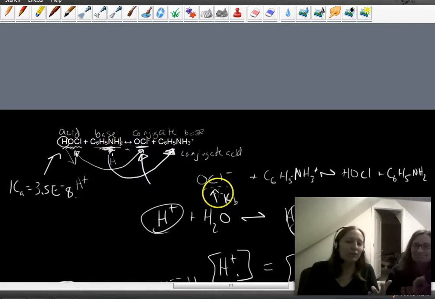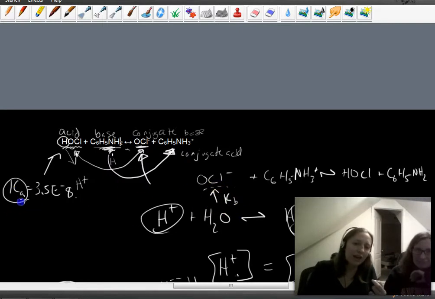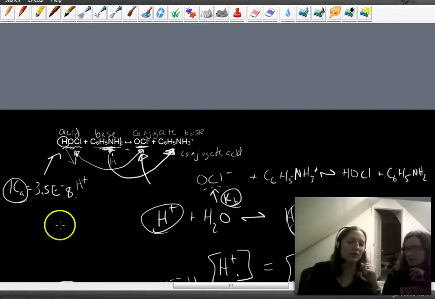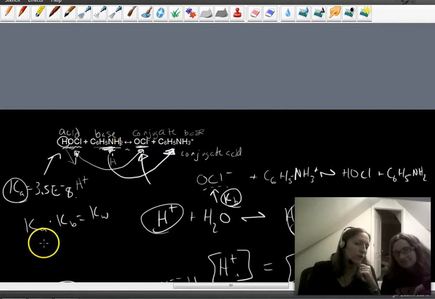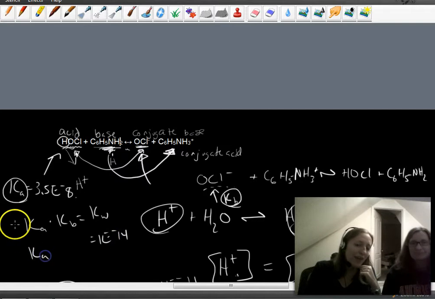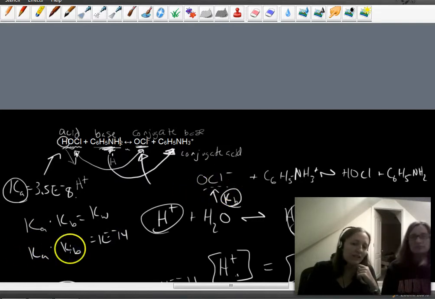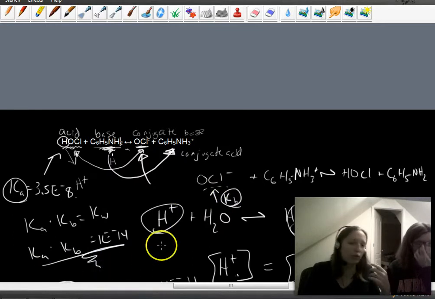It's a base. And what's nice is that the Ka and the Kb are mathematically related. And the way that they are mathematically related is that Ka times Kb is equal to Kw, which is 1e to the negative 14. So if you have a Ka, you can get the Kb for the conjugate base by using this formula in a slightly different way, but it's kind of the same formula as this guy.